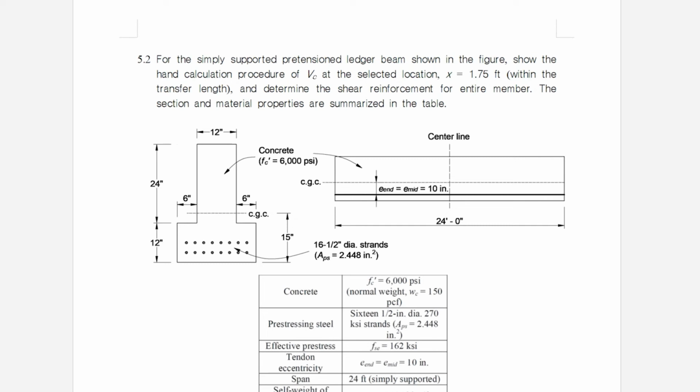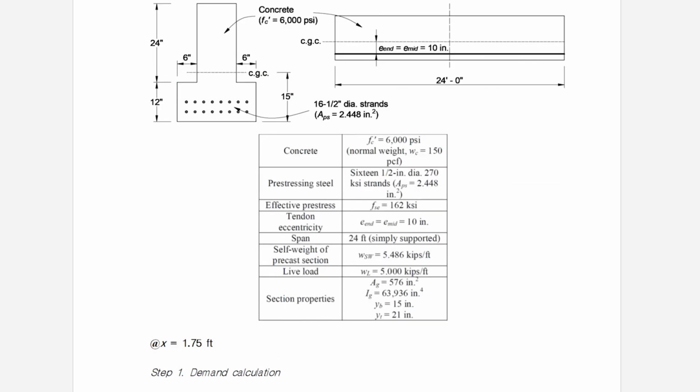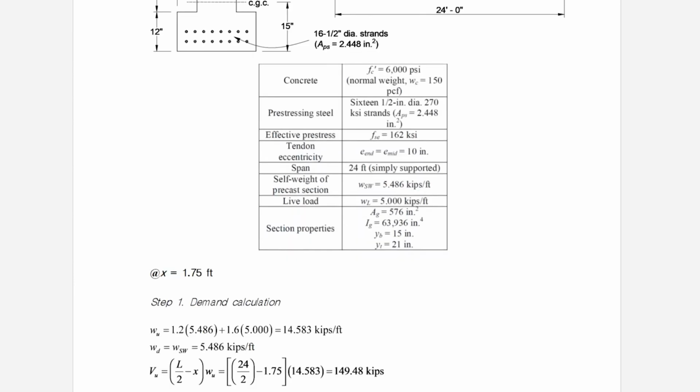It's a straight tendon profile with an eccentricity of 10 inches, and it's 6,000 psi normal weight concrete. Total steel strand area is 2.448 square inches. Effective prestress is 162 ksi. Span length is 24 feet.